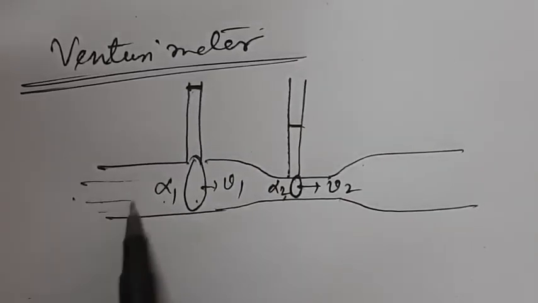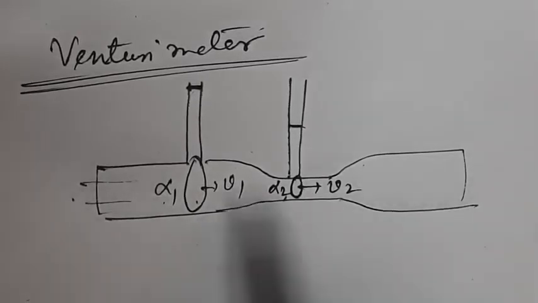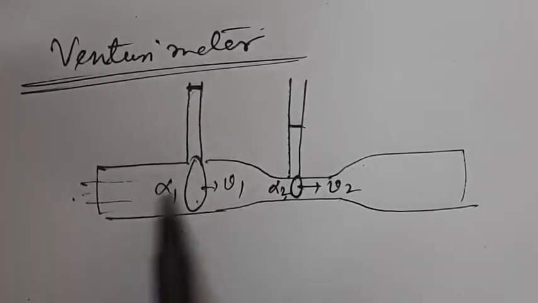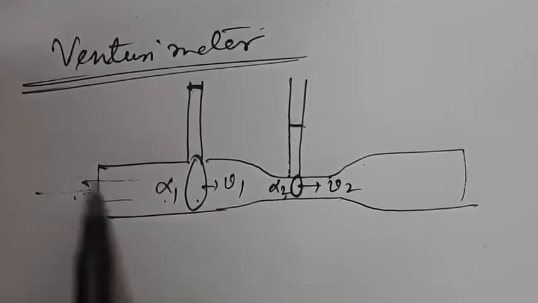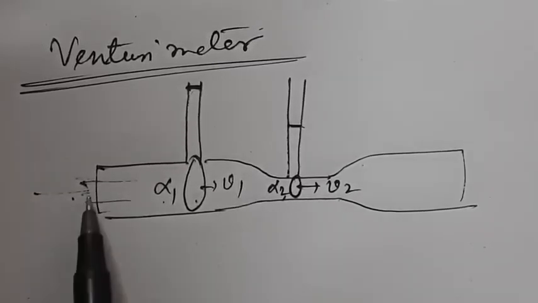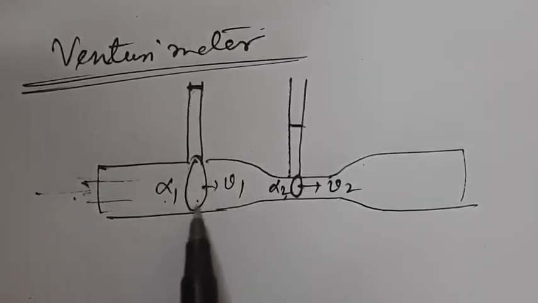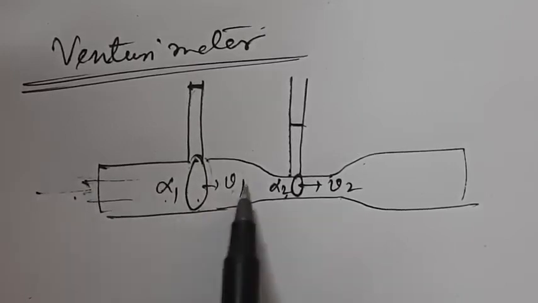A fluid is flowing through this mouth, through the tube. Now if the amount of flow is, say, 10, this is a larger area, so the velocity will be less, so less pressure.